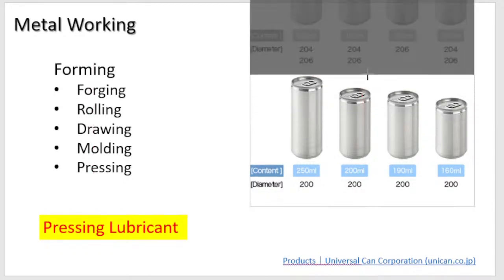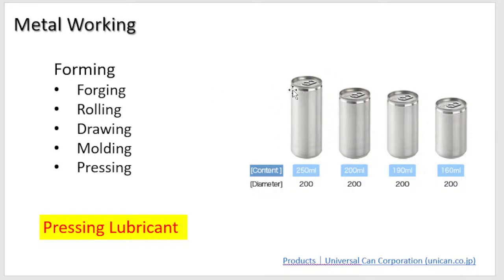In order for you to have this smooth wall, both outside here and on the inside, you need to control the viscosity of the lubricant. If viscosity is different, then your can might come out misshaped or torn, not having even walls.